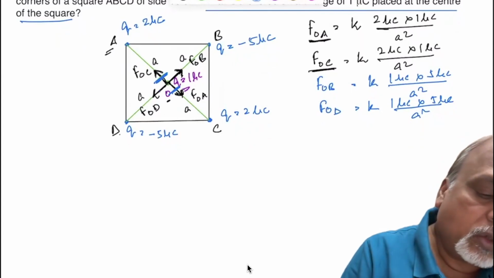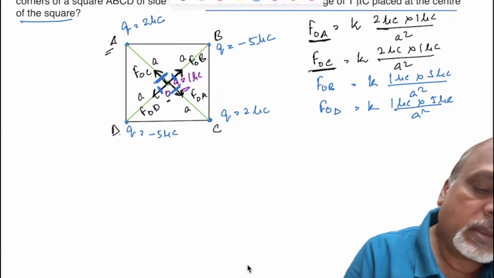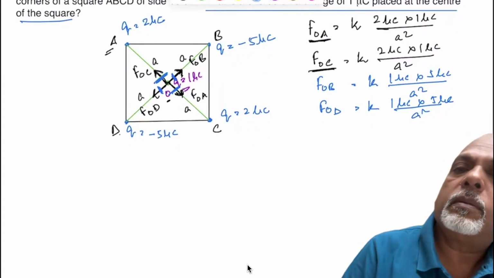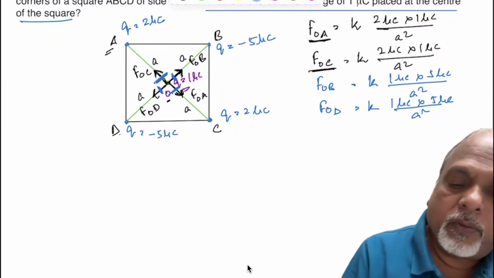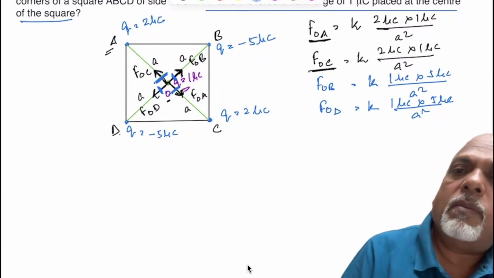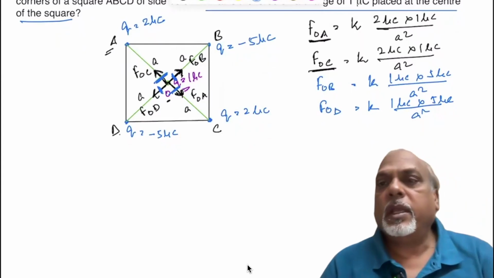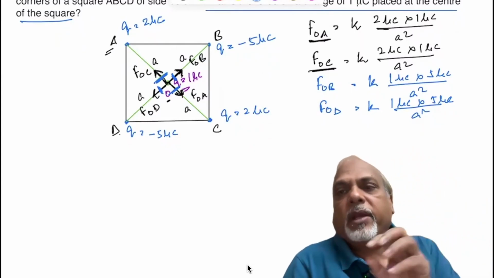Correct? So this will also cancel. We are not writing minus 5 microcoulomb because we have already considered the direction as a minus charge.